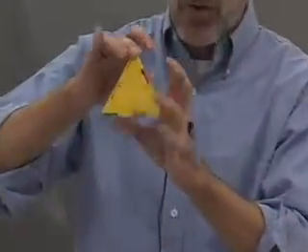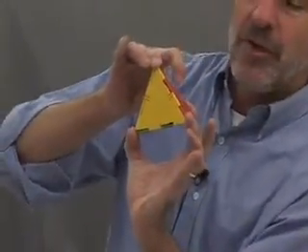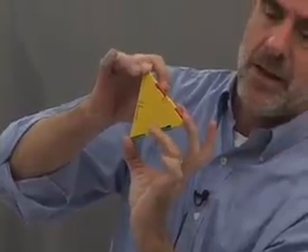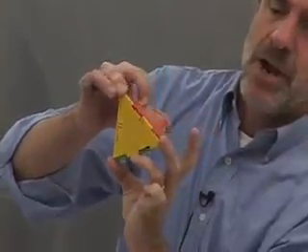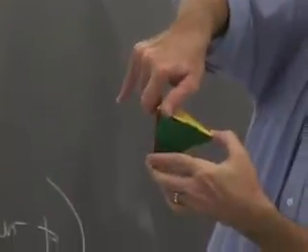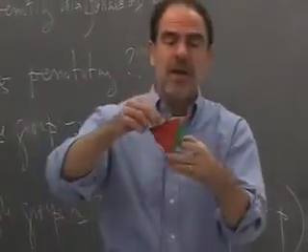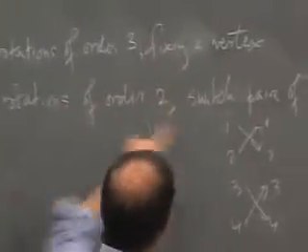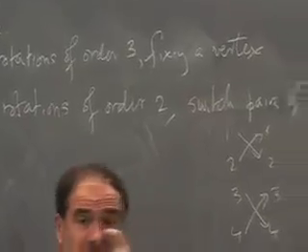If I took these two, and then I have these two, I draw the axis through here and rotate 180 degrees around that. You have to actually do that with a tetrahedron in hand, and you'll see that there are three pairs of opposite midpoints that you can use. That gives you 3 elements of order 2, whose permutations look like this.